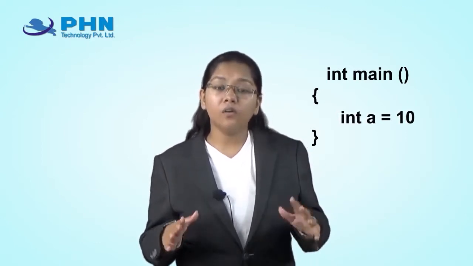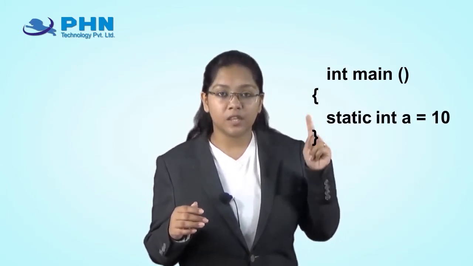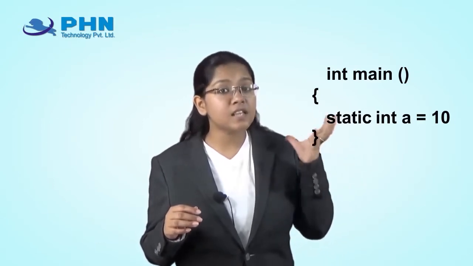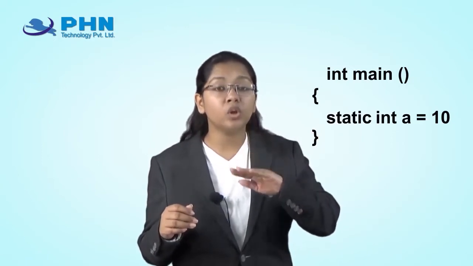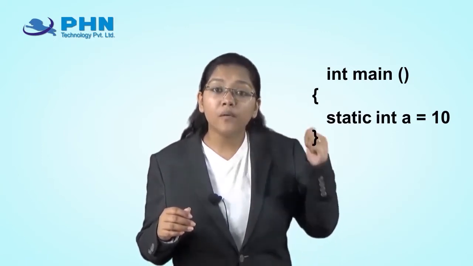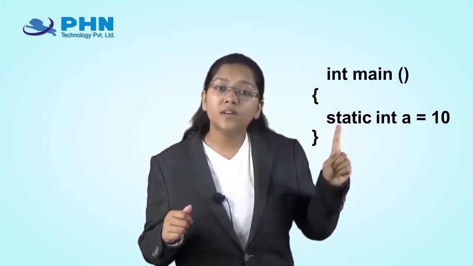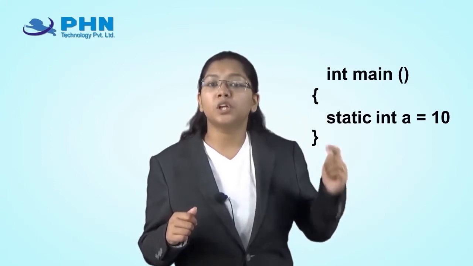But now I have assigned the static keyword there. See. Now what happens? The moment I assign the static keyword there, the variable is no longer a local variable. Now it has become a static variable. It means this variable can now be used anywhere in this particular program.